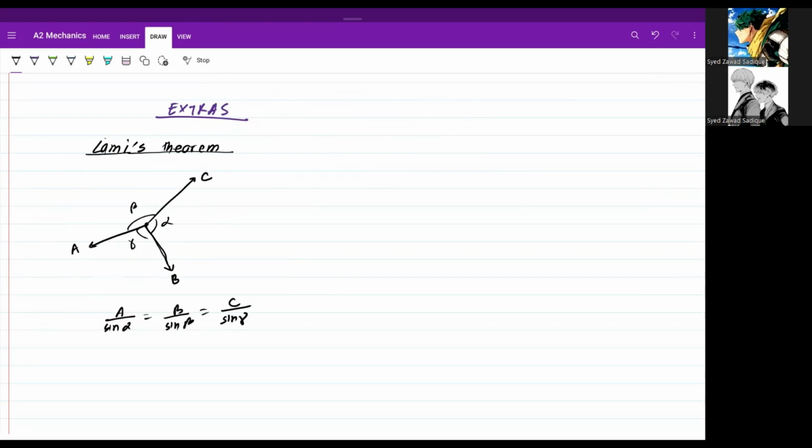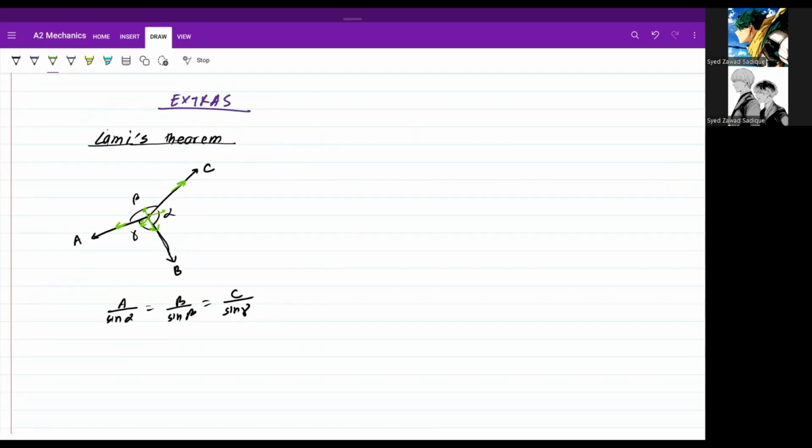Do you see the relationship? It's very simple to notice. A is going this side, alpha is this side, so A by sine alpha. B is going towards the top left, beta is this side, so B by sine beta. Similarly, C is going this side, gamma is this side, so C by sine gamma. This is very similar to the sine rule we learned in AdMaths, IGCSE, but not really.